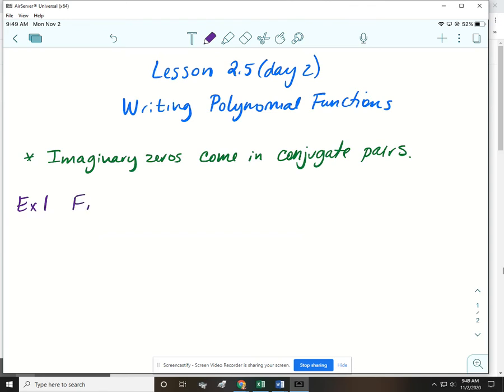So for example 1, we're going to find the polynomial function with the given zeros.